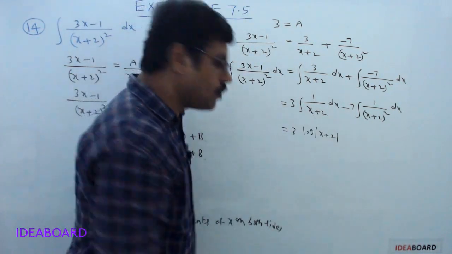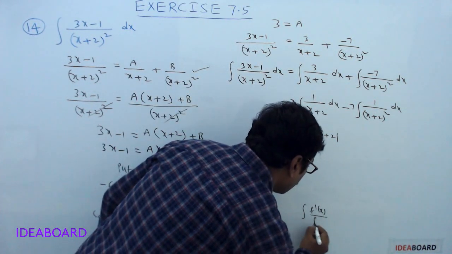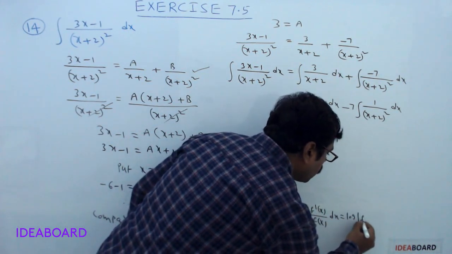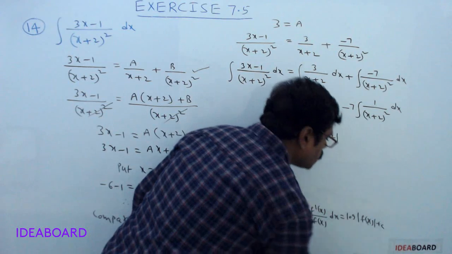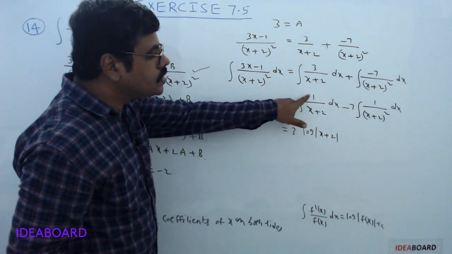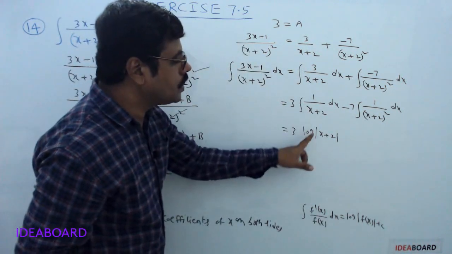This term is of the form integral f dash of x divided by f of x dx. What is its formula? Log mod f of x plus a constant c. So derivative of denominator is its numerator. So by using this formula, what is its value?